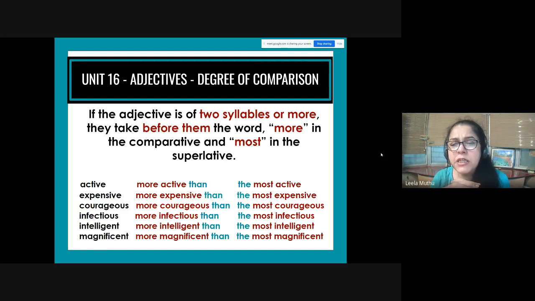It is definitely the most magnificent horse I have ever seen in my life. So, more syllables than one: the rule is usually you use more with the comparative form of the word, and the most with the superlative form of the word. Got that? Yes, you got it.